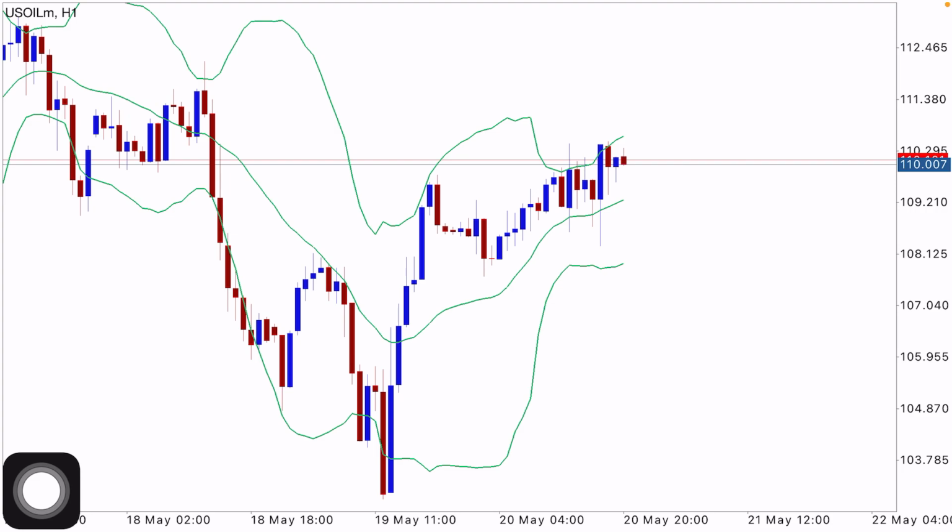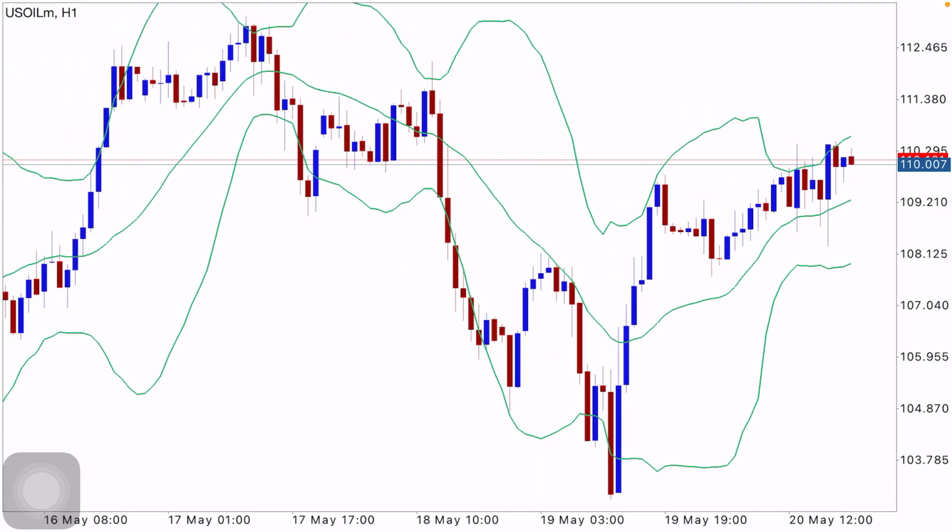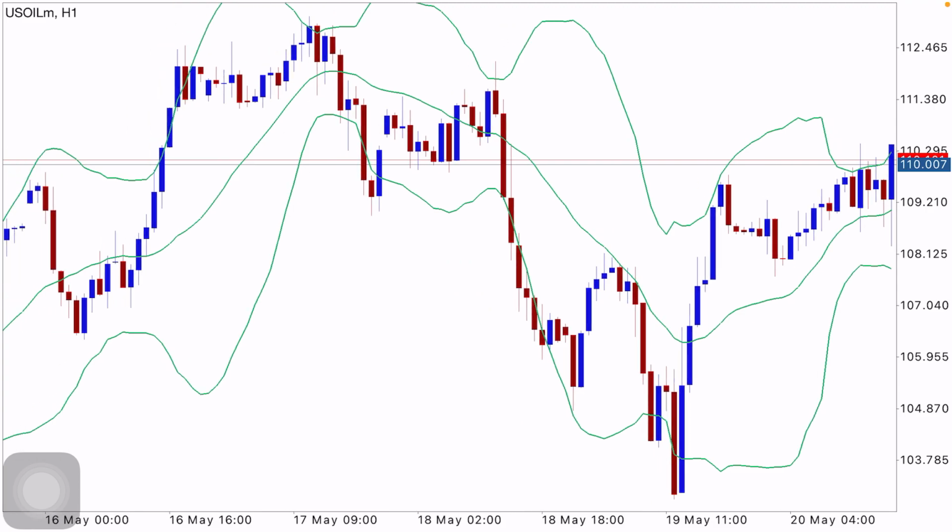The first use of the Bollinger Bands is that it helps us to determine the volatility of the market. If the bands are open, it means the market is volatile.